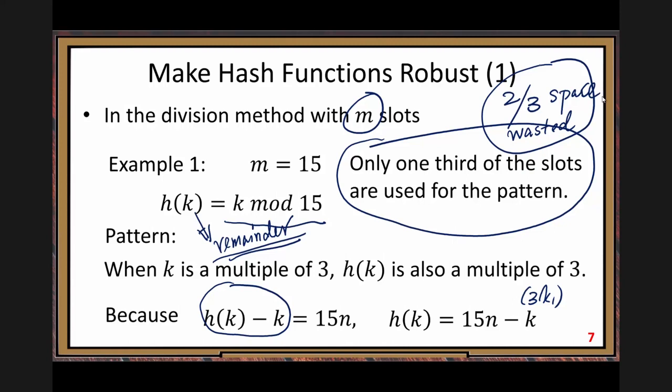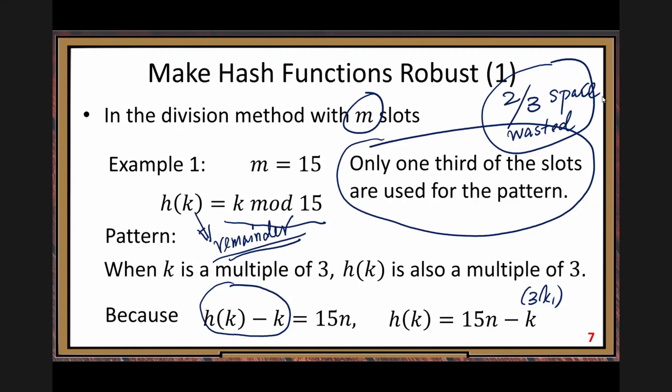Based on this example, can you make some suggestion to avoid things like this happening? How to avoid a multiple of some number? The question is, we want to avoid choosing n to be a multiple of any number.